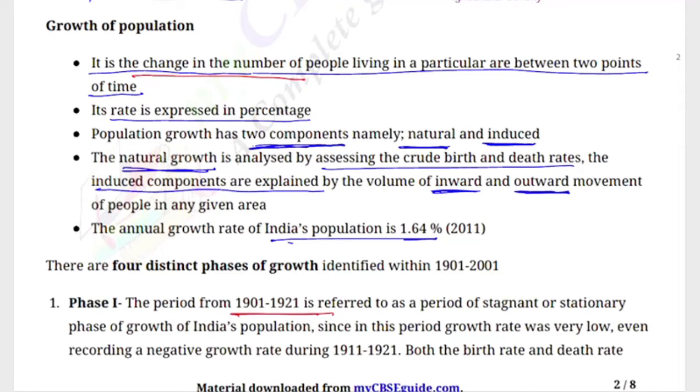Now the natural growth is analyzed by assessing the crude birth and death rates. क्रूड मीन्स ओरिजिनल या बेसिक. क्रूड बर्थ रेट एंड द डेथ रेट मीन्स 10 इयर्स के अंदर, जैसे सपोज कीजिए हम 10 इयर्स की पॉपुलेशन की ग्रोथ को असेस करते हैं, तो 10 इयर्स के अंदर नेचुरली कितनी डेथ्स हुई और कितने बर्थ हुए. जो बर्थ रेट और डेथ रेट के अंदर जो डिफरेंस आएगा दैट इज द नेचुरल ग्रोथ ऑफ द पॉपुलेशन.